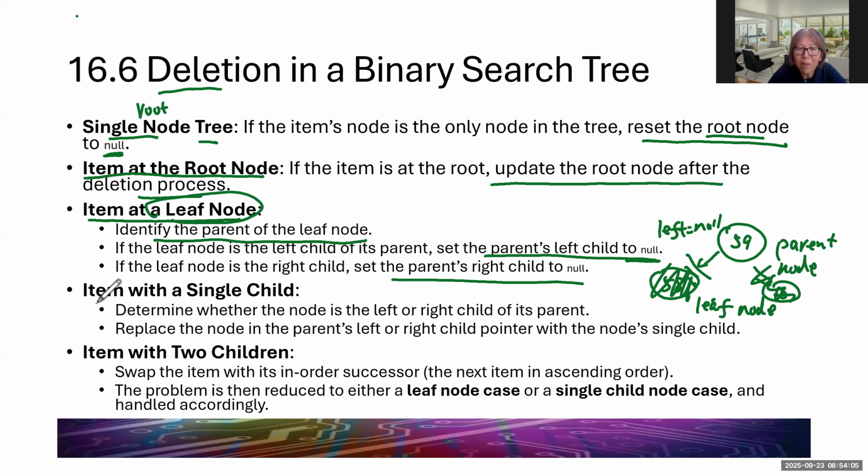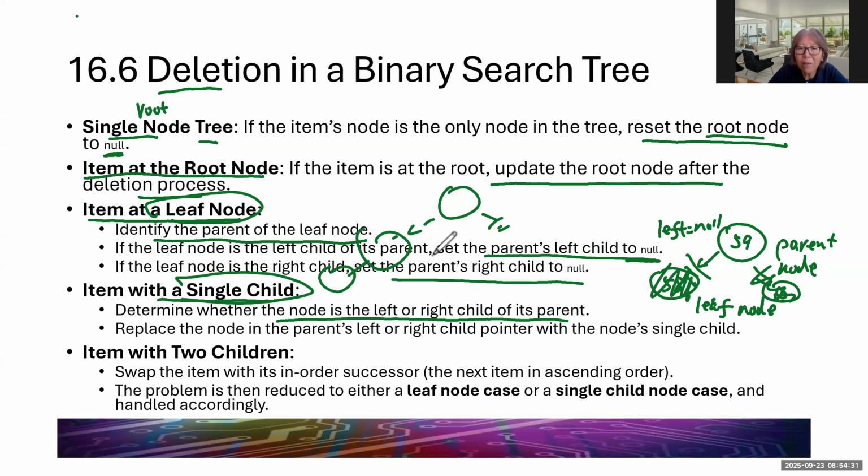There are some other cases. The item with a single child. So the node you are going to delete just has one branch, and the other part is null. Then we need to determine whether the node is the left or right child of the parent.